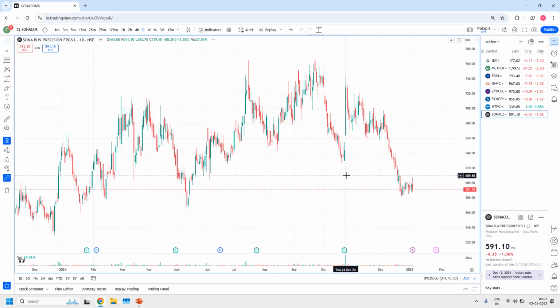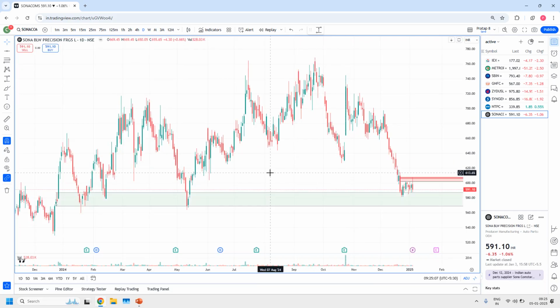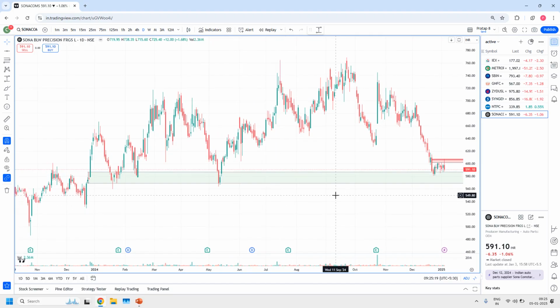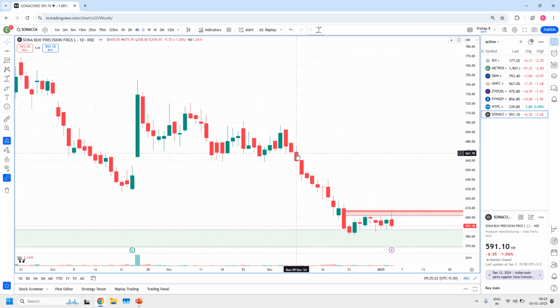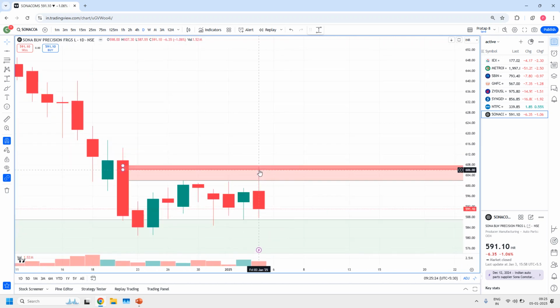And see the last one, any stocks we discussed. Sona Forgings is a daily high liquidity zone and it is pierced. Pierced zone can be used as a target, right? See here, actually we got this trade last Friday.